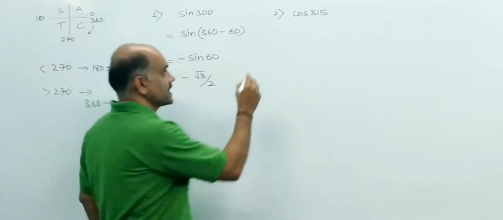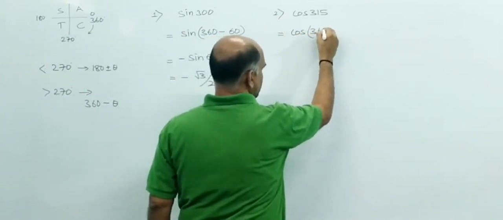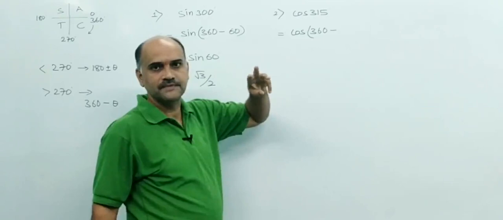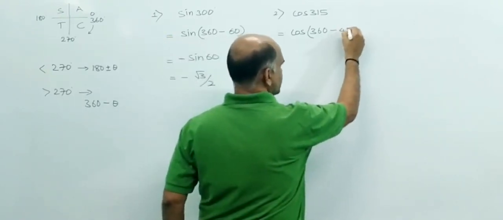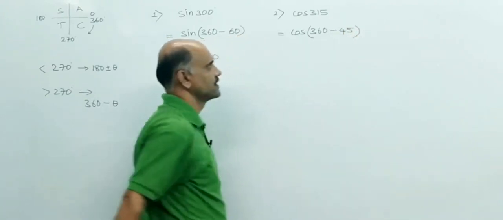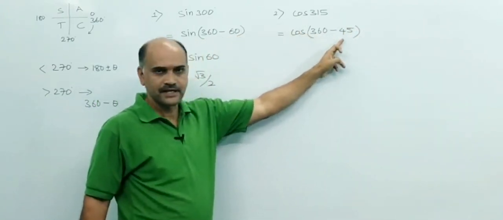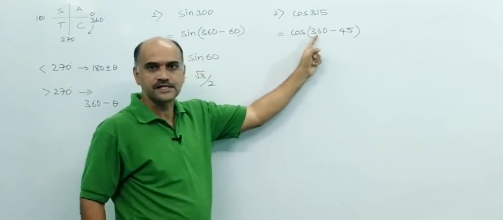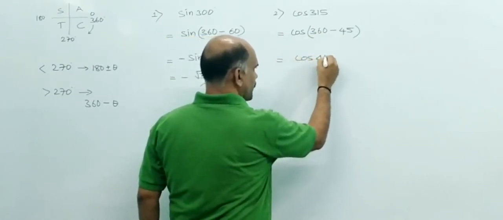So cos 315 can be written as cos 360 minus 45, since if you subtract 315 from 360 you get 45. Again by our method leave this 360. So you will have cos 45.